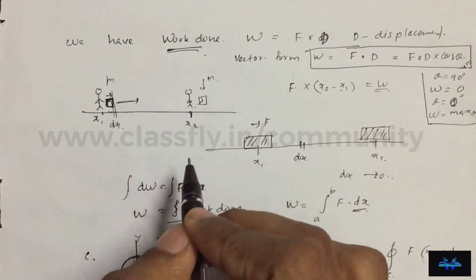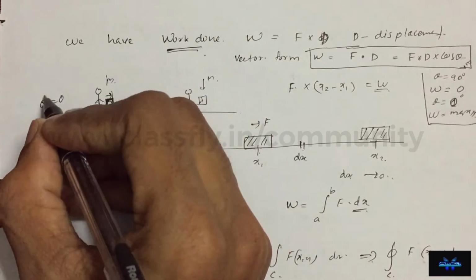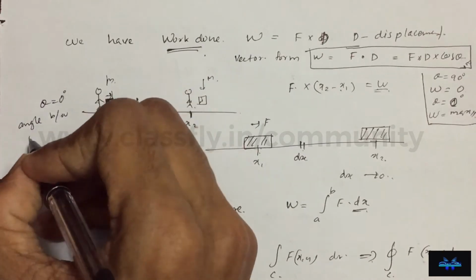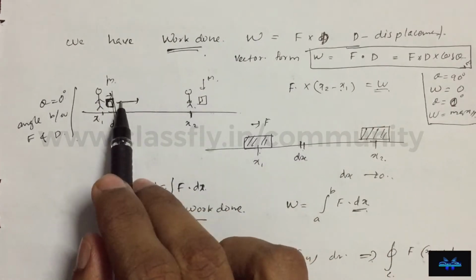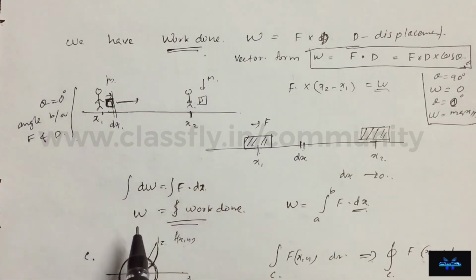This is a plane surface. Here theta is always equal to 0 degrees. The theta is the angle between force and displacement. Okay, so here the force and the displacement are in the same direction, therefore theta is equal to 0 degrees.